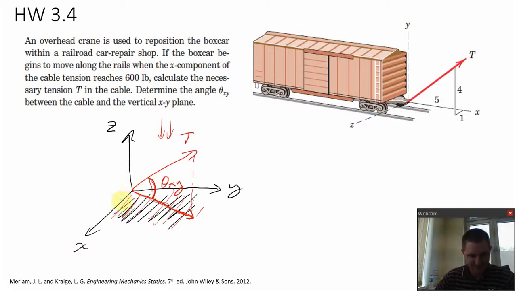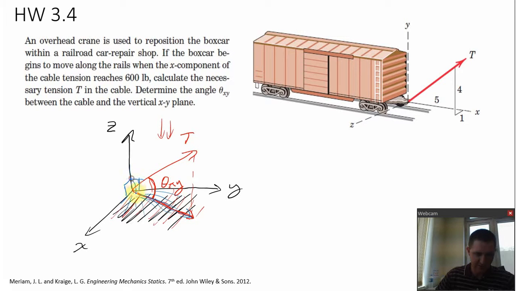Let's start out with something that we do know, something simple. What's the angle between the z-axis and the x-axis? Well, that's easy, that's 90 degrees. What's the angle between the z-axis and the y-axis? That's 90 degrees as well. What about the angle between the z-axis and any line in this xy plane, such as the projection of the tension vector onto the xy plane?